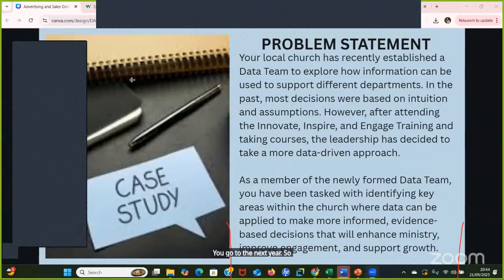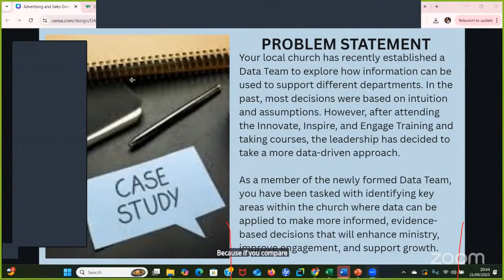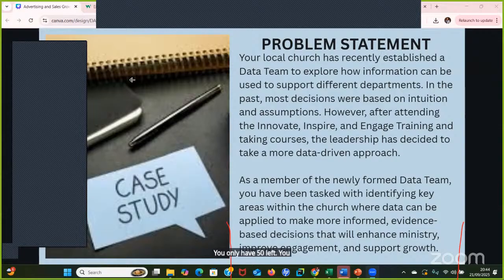So you can use the data to compare to know if there is improvement in the strategies of membership retention, for instance. Because if you compare for the first year and discover that you won 500 persons from the evangelism you conducted, and at the end of the year, you only have 50 left, you will be forced to come up with strategies for membership retention.